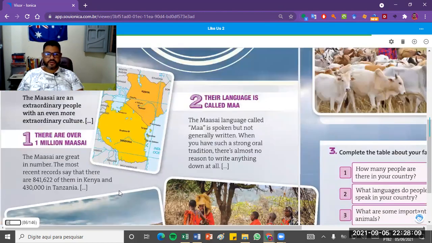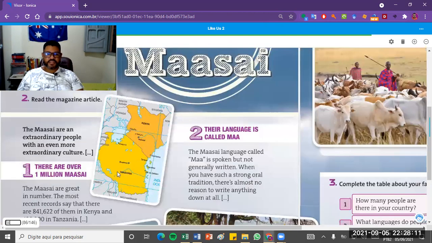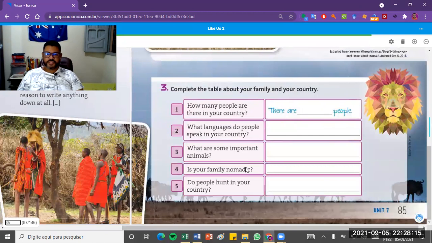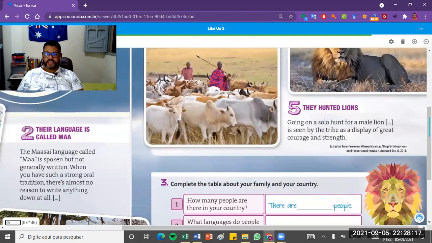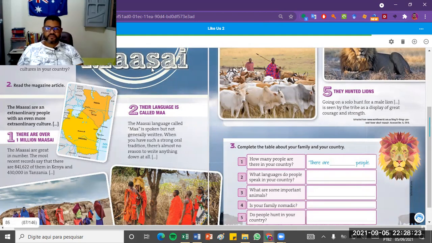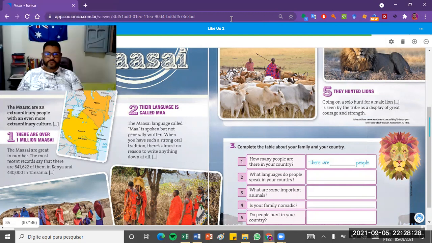So, page 84, try to answer it, and then read the article, and answer the questions on page 85. I'll give you guys around 10 minutes to finish this. Dá para vocês cerca de 10 minutinhos. E já eu volto para a gente conversar sobre as questões e corrigi-las. Mas já a gente volta.